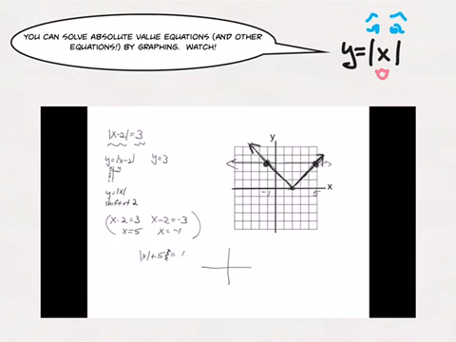So, a quick sketch, you would have something like that right over here, and that's at 5. And then what does y equals 1 look like? It looks like this. And these are two graphs that will never intersect, so there will be no solution.